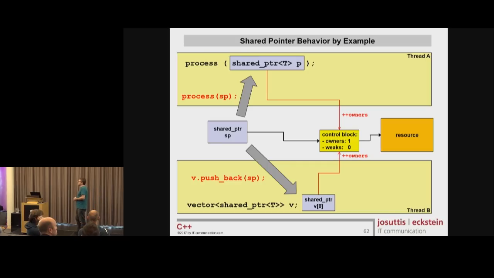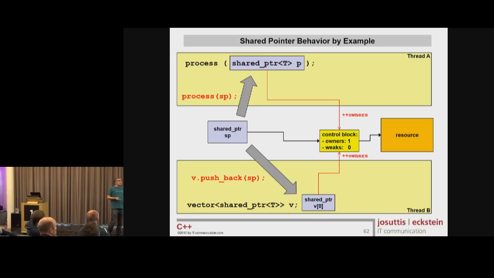what can happen is that one thread deletes the last owner and another thread deletes the last weak pointer. So both threads think there is another thing when they decrement, but at the end we have the 0-0 situation where we have to delete the control block.